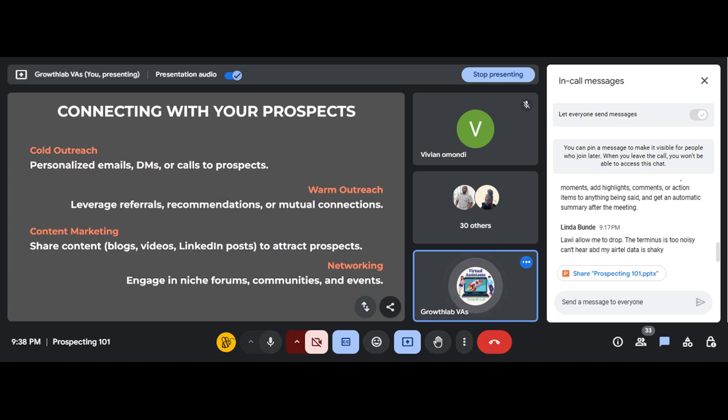Content marketing is a long term game. Same with networking, it's a long term game where you don't show your services directly. For example, with content marketing, you can be writing content for as long as 3 years. Sometimes someone will pick up a video you did last year, then they tell you they have that specific problem. Could you help them? So it's a long term game. Same with networking.